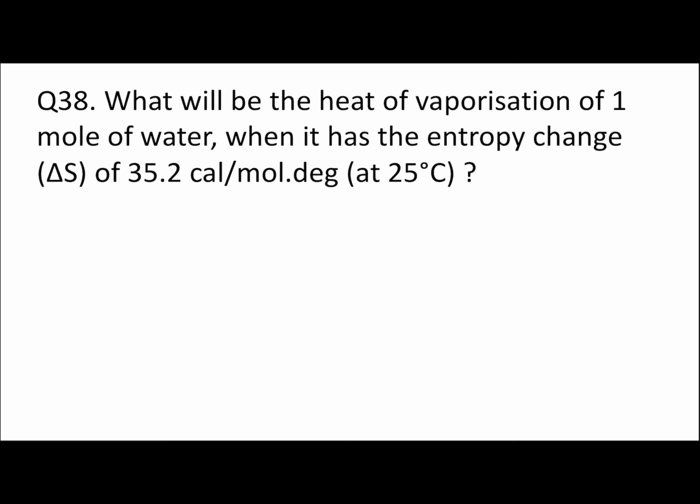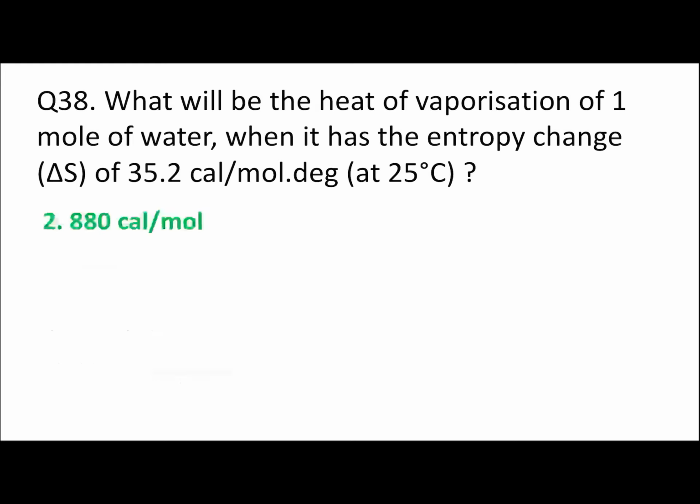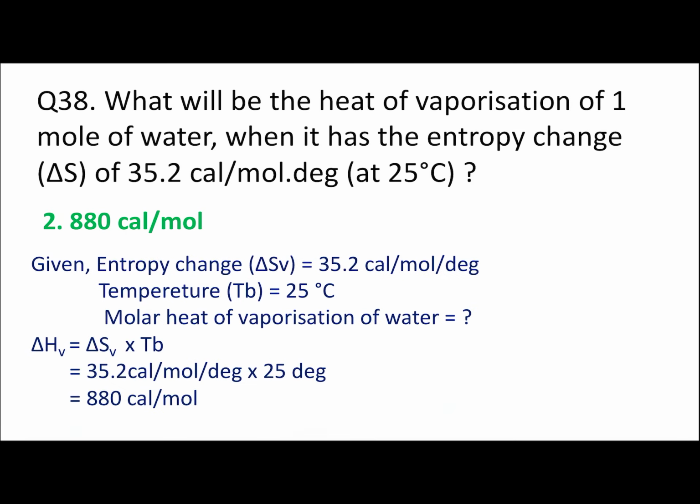You have to calculate if the entropy change is 35.2 calorie per mole per degree. It is 8465 calorie per mole or 880 calorie per mole or 1.408 calorie per mole or 10489 calorie per mole. It is 880 calorie per mole, and let's see how it is the right answer.